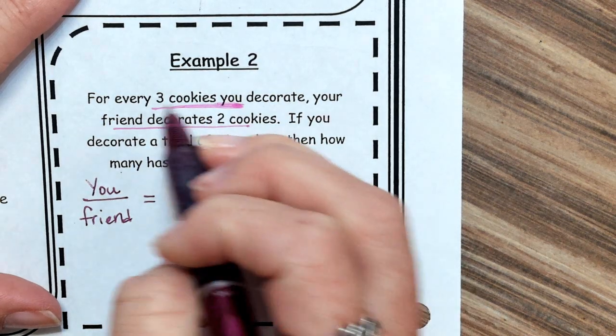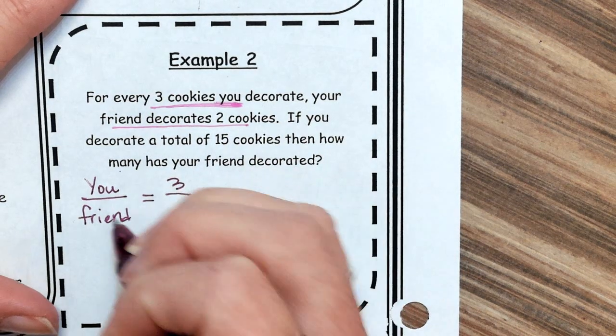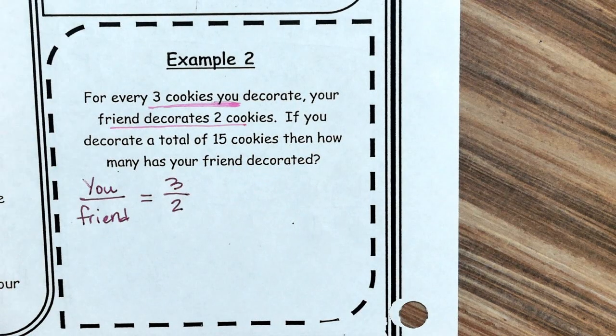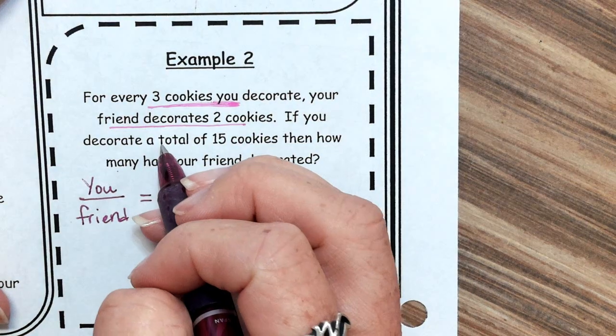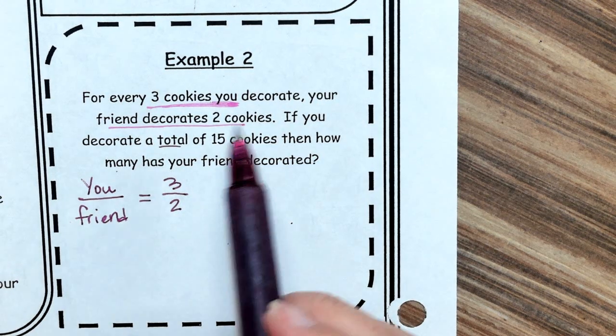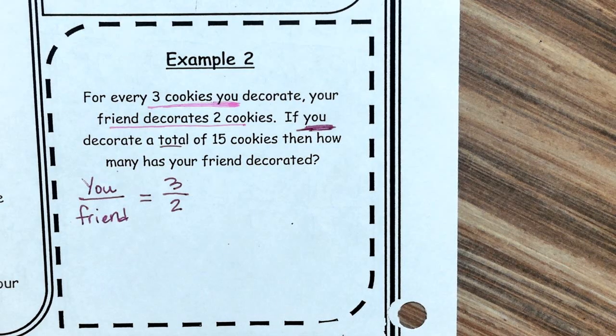All right, so which number is for you? 3. Which number is for your friend? 2. Now, when I first glanced, I thought I was going to need part per whole because I saw this word. I saw that and I thought, ooh, I need to turn it into a total, but read it. It says, if you decorate 15 total cookies.